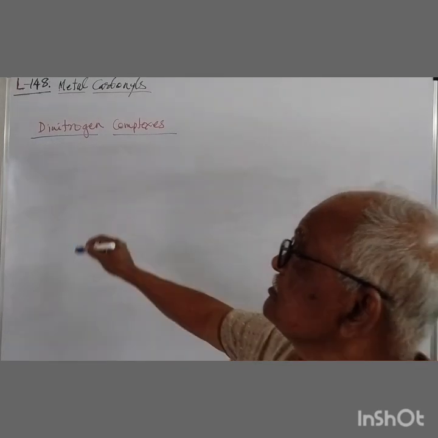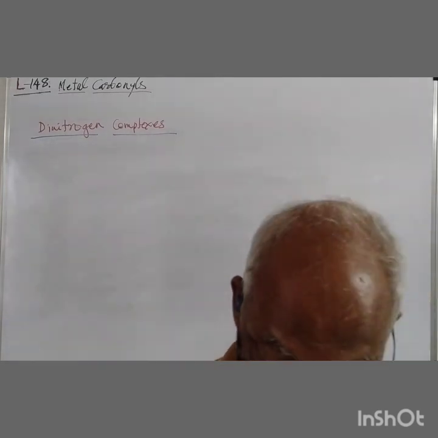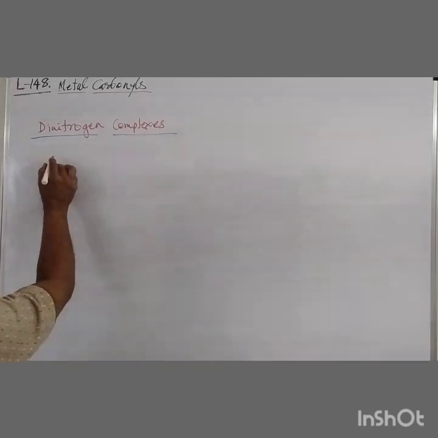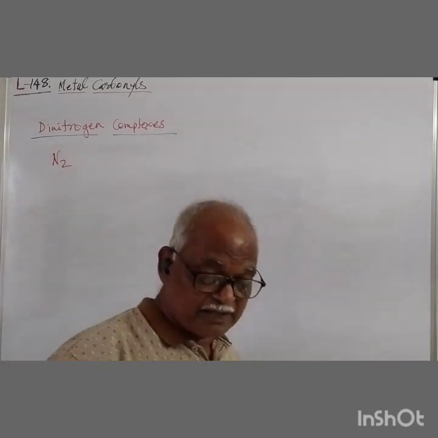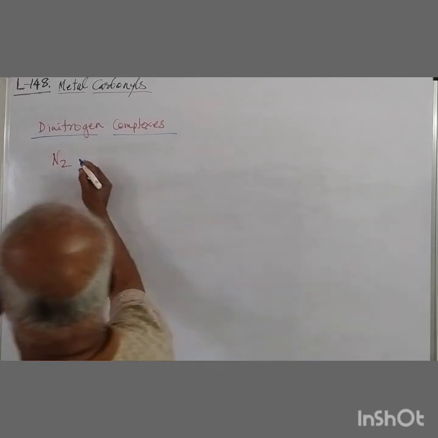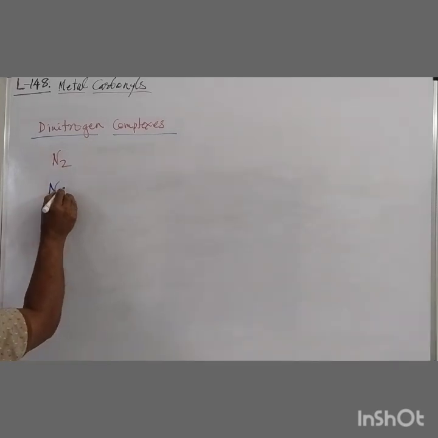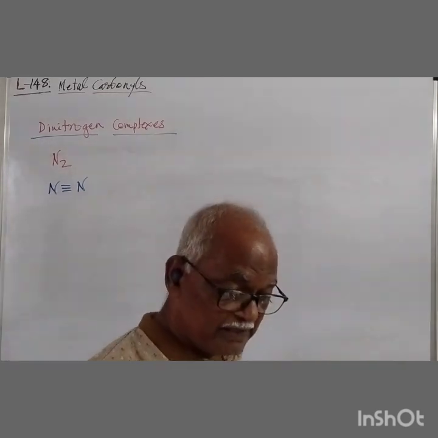So these are called dinitrogen complexes. Here this nitrogen is N2, that is dinitrogen. So this will have a triple bond structure like this, dinitrogen.